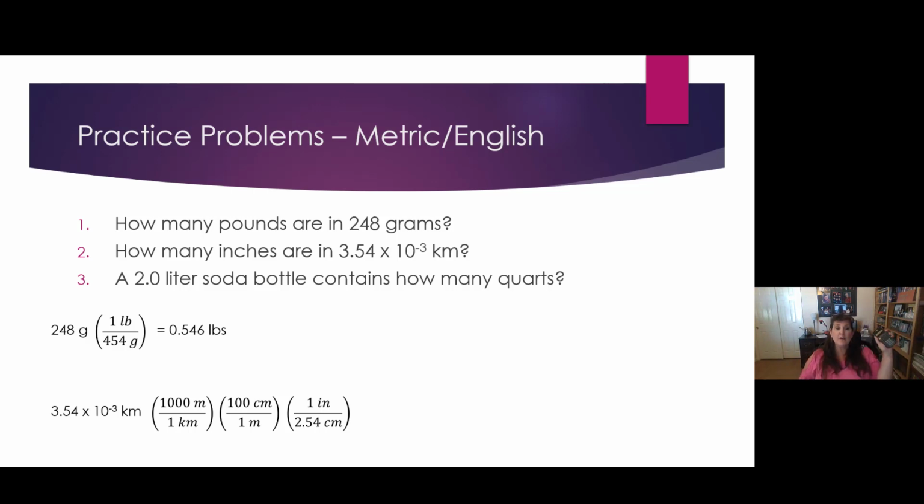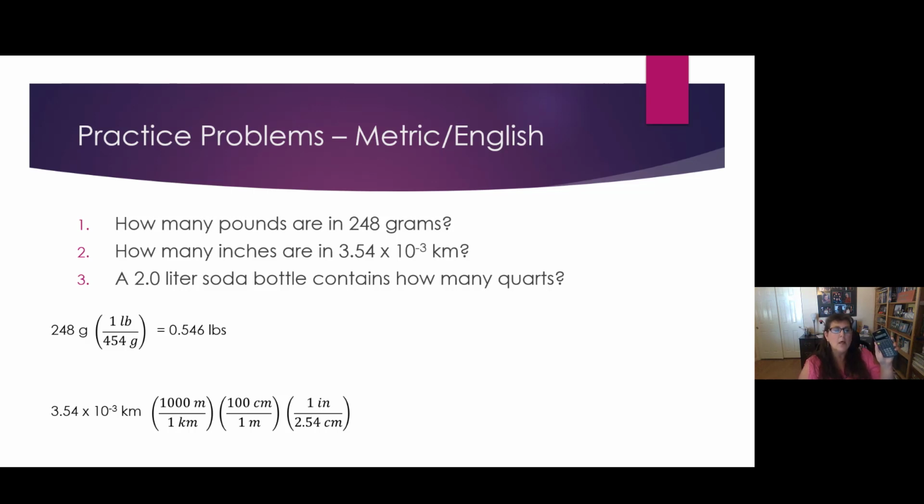So we're ready to put this into our calculator. Okay, scientific notation. 3.54. Exponent button. Don't hit times 10. Exponent button. Now, negative, not subtract. You should have a little plus minus button. Negative 3. Not subtract 3.